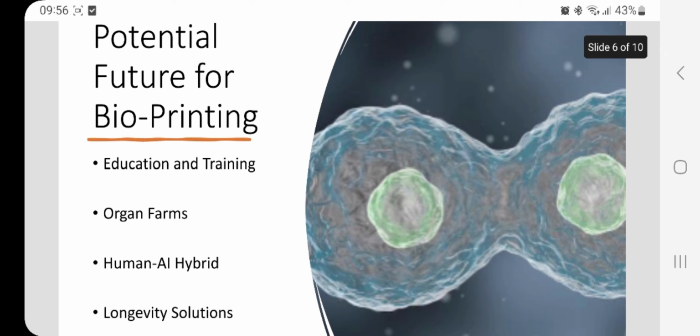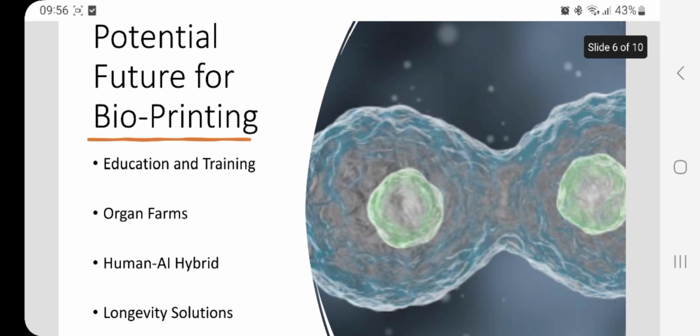Bioprinting technology can enhance medical education and training. In the future, aspiring healthcare professionals may have access to realistic bioprinted tissue models for practicing surgical procedures, leading to important surgical skills.